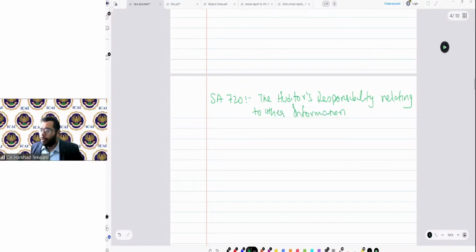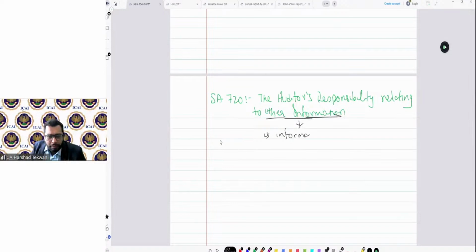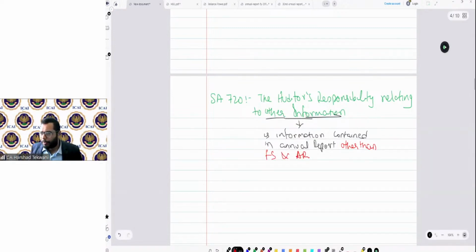As the definition itself provides, other information is the information contained in the annual report other than the financial statements and the auditor's report thereon. That is my other information.